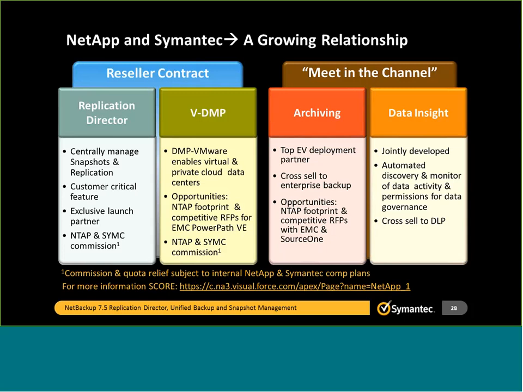So under reseller contract right now, we have that piece, which we just talked about, Replication Director, but we also have what's called VDMP, which is Virtual Dynamic Multipathing. Originally it was Veritas. That capability has been around for a long time within our Storage Foundation products, and is now available in the VMware environment.